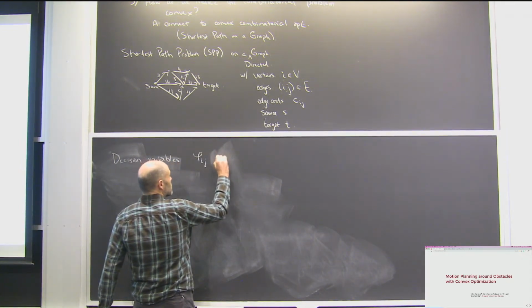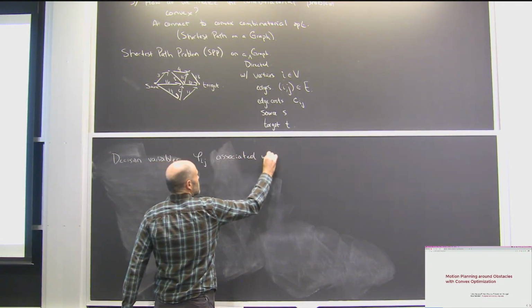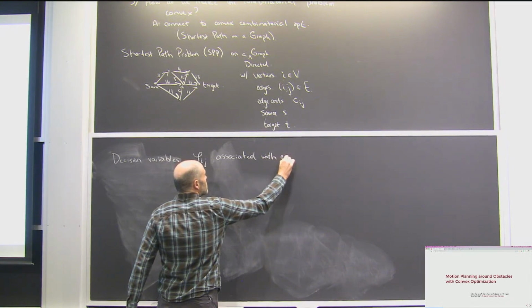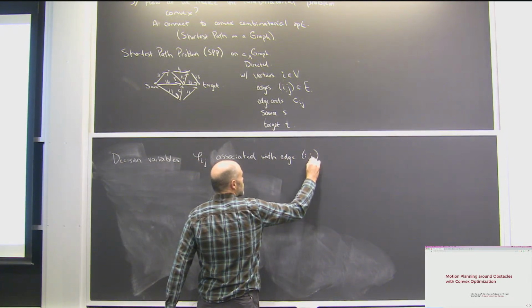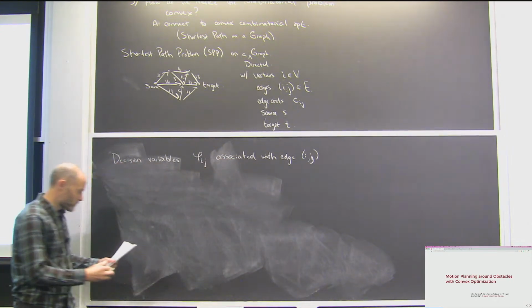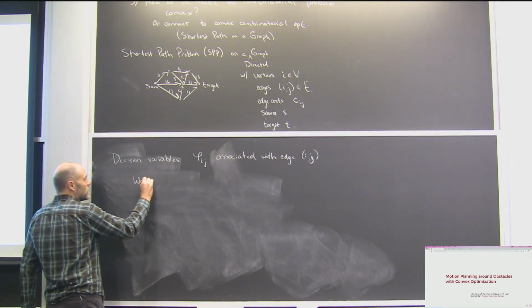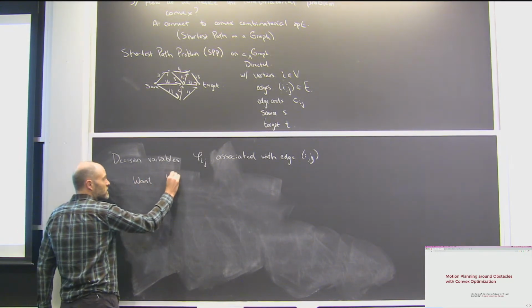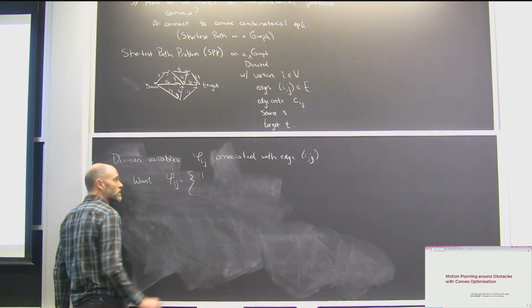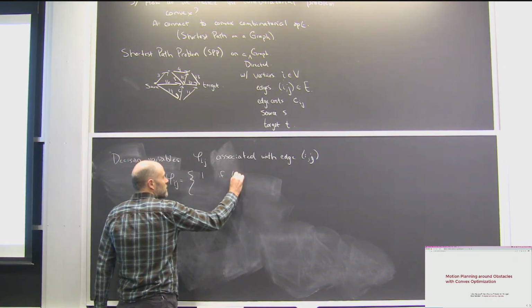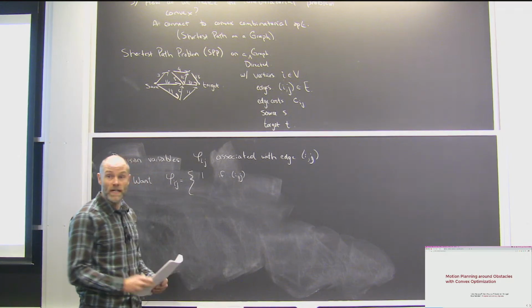This is associated with edge ij. In particular, I want, at the solution, I'd like it to be true that phi_ij is 1 if ij is in the shortest path.